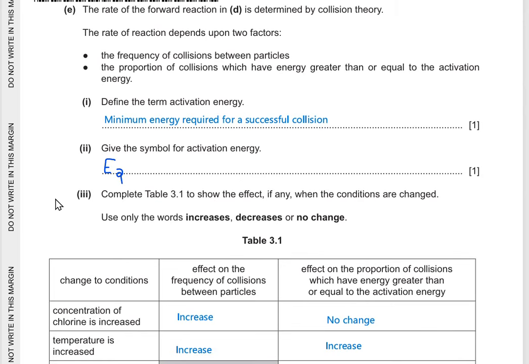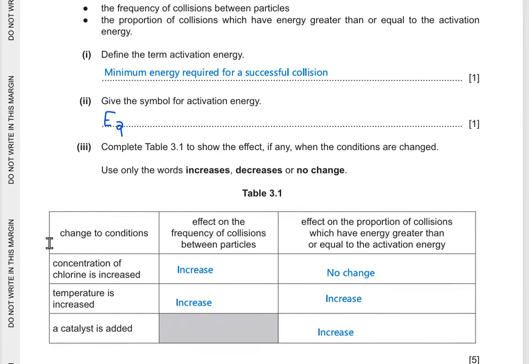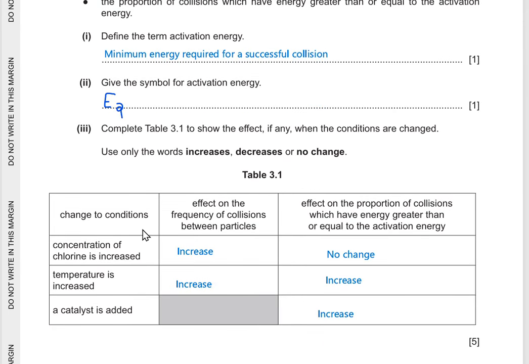Complete table 3.1 to show the effect, if any, when the conditions are changed. Use only the words increase, decrease, or no change. So the effect on the frequency of collisions between particles and the effect on the proportion of collisions which have energy greater than or equal to the activation energy are actually 2 different things.